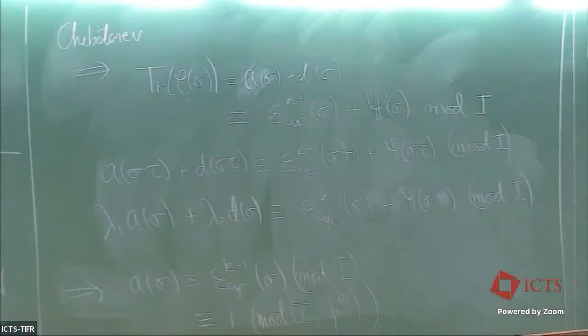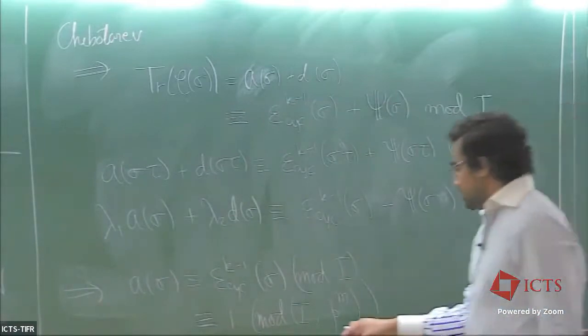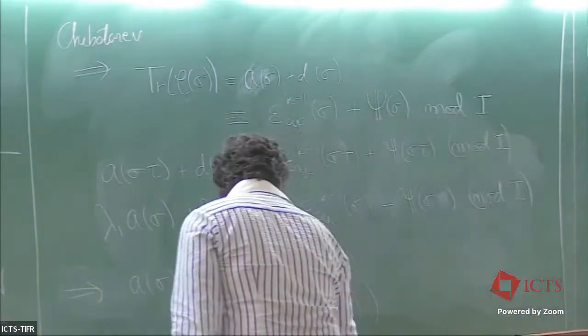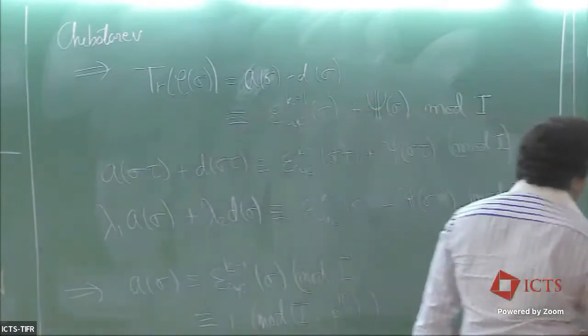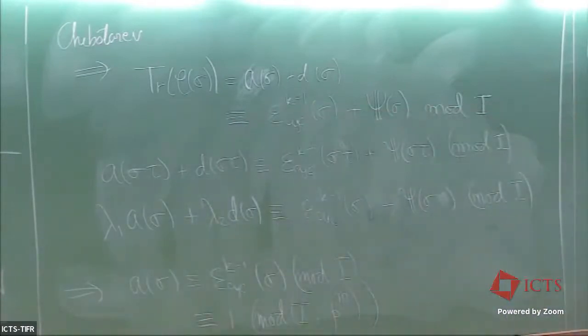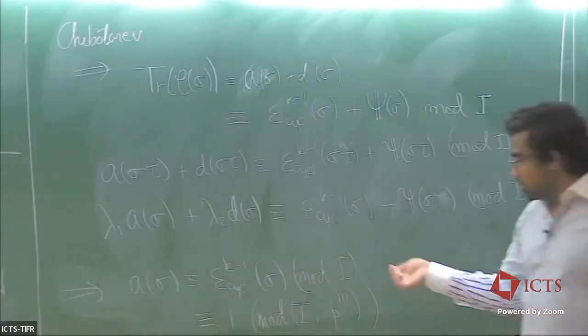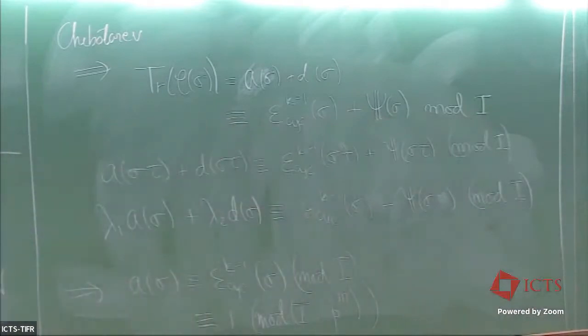Eventually you have to take large enough weights so that the powers of P don't matter. If I'm rushed for time at the end, I'll stop writing this P to the M. But everything is modulo P to the M, for some large enough M that the power of P does not matter.